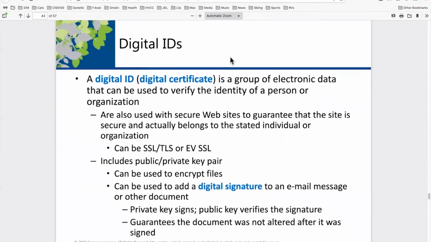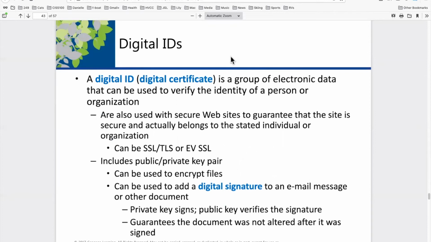Digital IDs. As I stated earlier, digital IDs are used to create non-repudiation. They extend identification and authentication with a verifiable identity. These are achieved through digital certificate authorities, or CAs. To get a digital certificate, it's actually not that expensive.